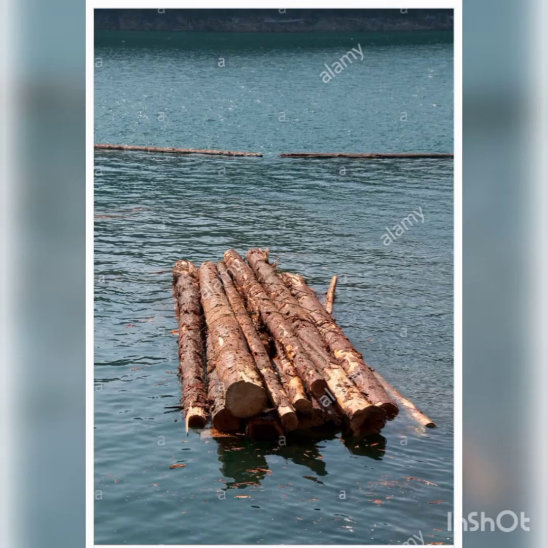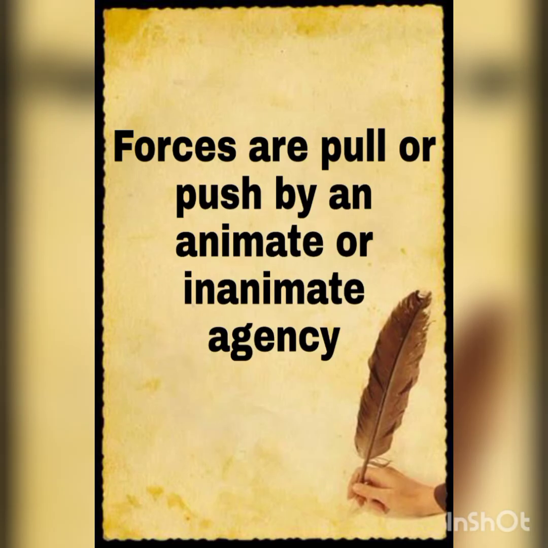Here we see the tall grass in the meadow moving in the wind, and also the wood moving on the stream. Here the blowing wind and the flowing water are inanimate agencies. So forces are push or pull by an animate or inanimate agency.